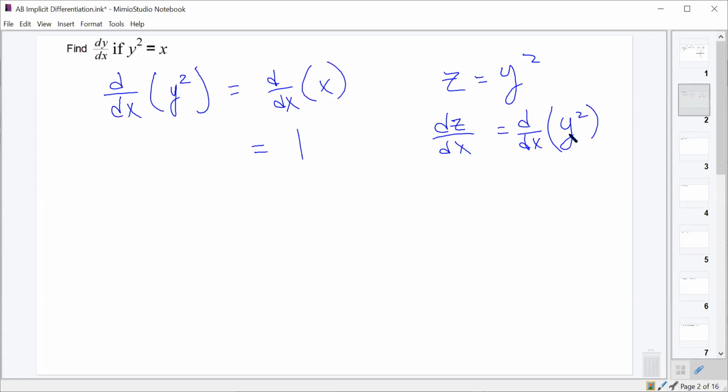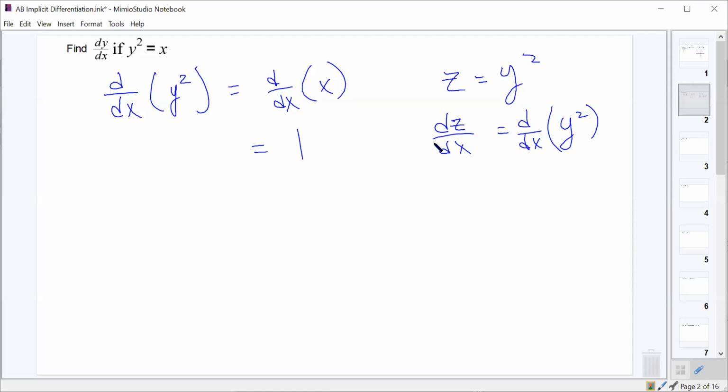So then how could we go about doing this to find dz dx? Any ideas? There's a rule that we have learned that should allow us to take this derivative. The chain rule? The chain rule is going to let us do this.